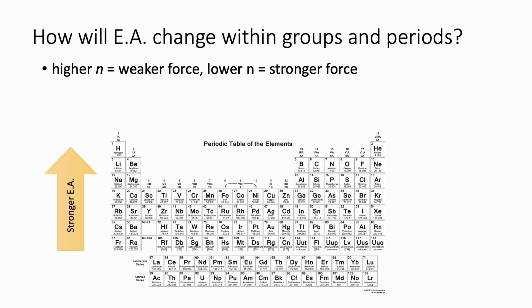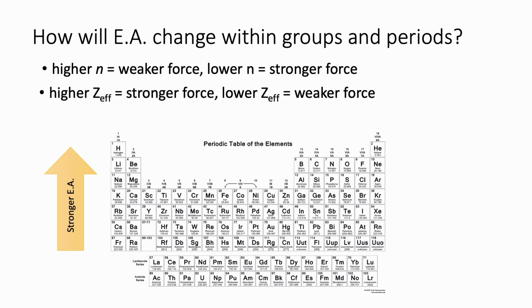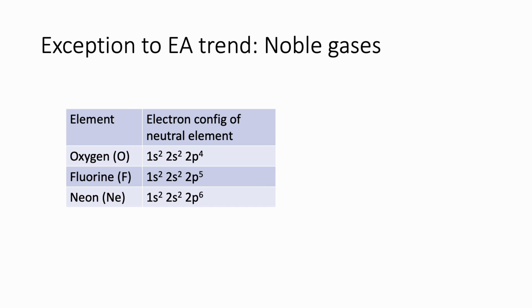Now, when we're talking about going across a period, remember effective nuclear charge increases as we go across the period, and the stronger the charge, the more likely something is to be able to hold on to an extra electron. And so we will also expect to see a stronger electron affinity as we get to this side of the periodic table. There is an exception to that last rule, and that is the noble gases.